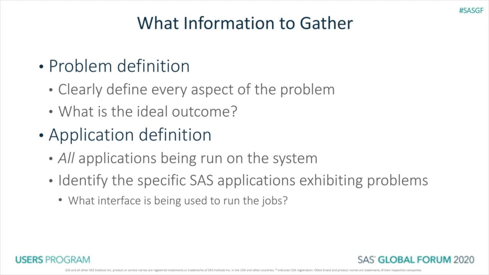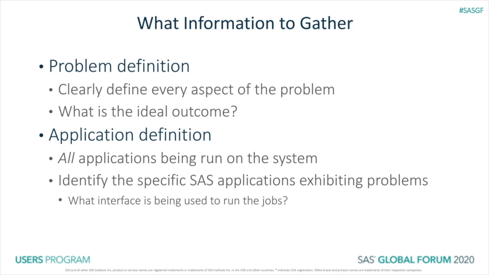Next is the application definition. Different applications have varying impacts on the performance of the system. So we put together a full mapping of all the applications that interact with the problematic systems, not just the SAS Viya applications.